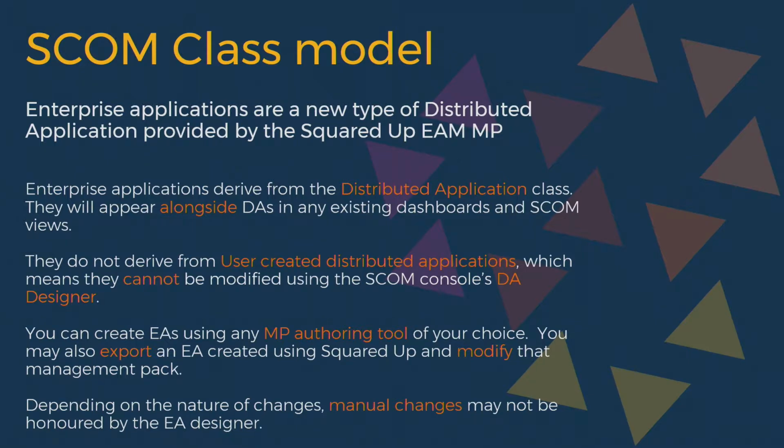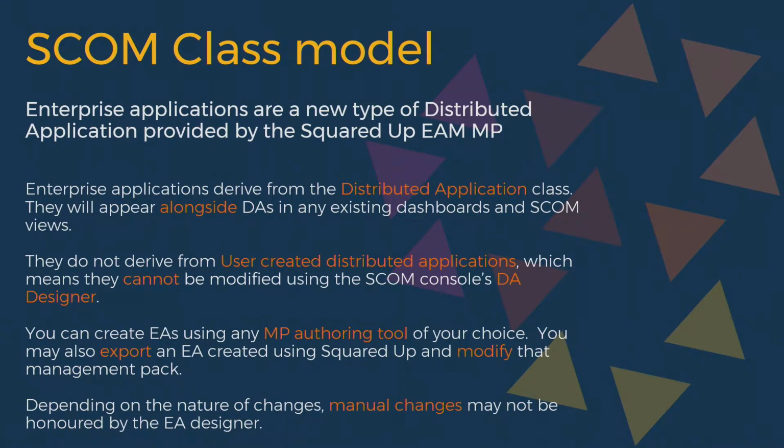So the guideline I give you is that once you start editing EAs using your own authoring tools or building your own, that's the tool you have to use to make changes and updates in the future. So if you think you're going down this road, get in touch with the lovely support team first and walk through your use case, and they can advise you of all the ramifications and things to be aware of when doing this.